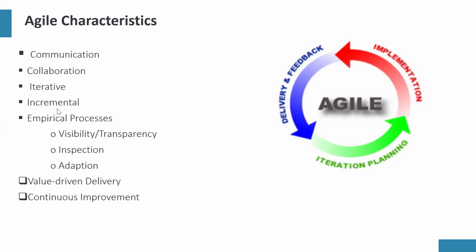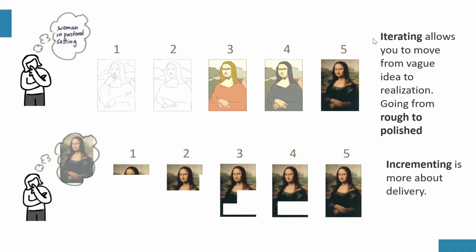Incremental, on the other hand, is talking about increasing the functionality over time. Now, let me show you an image. So when you talk about iterative, it's about refinement. You can see what I mean by refinement, right?